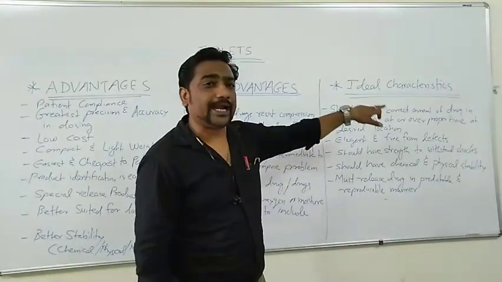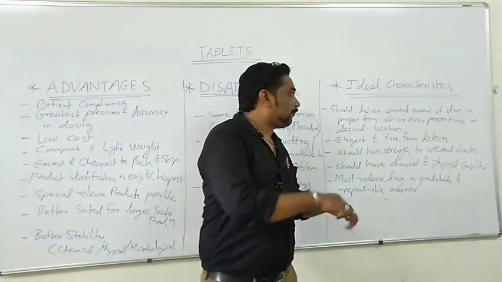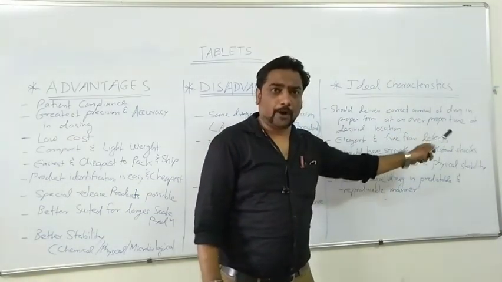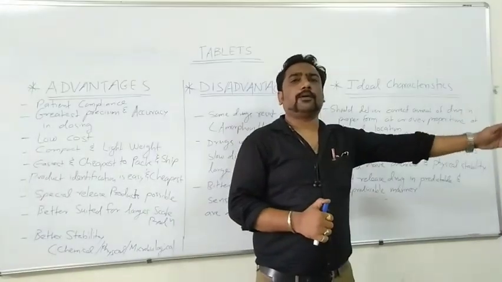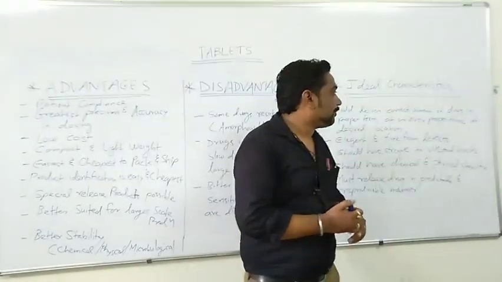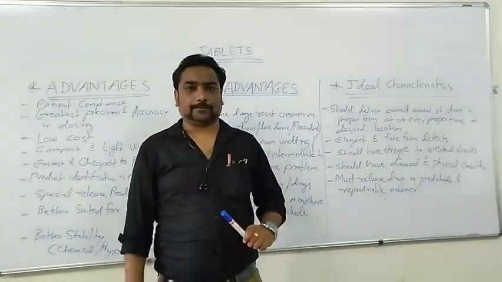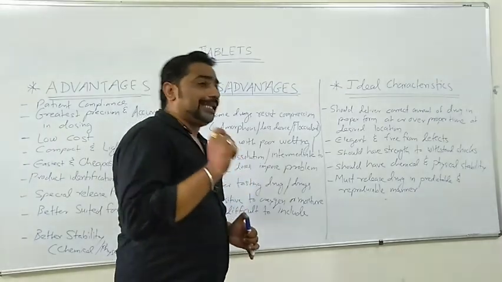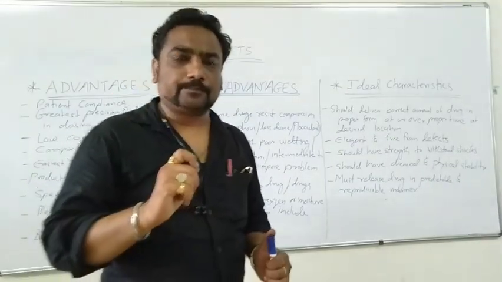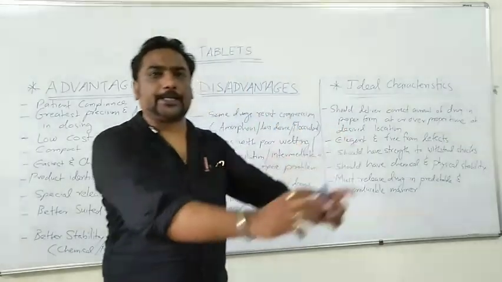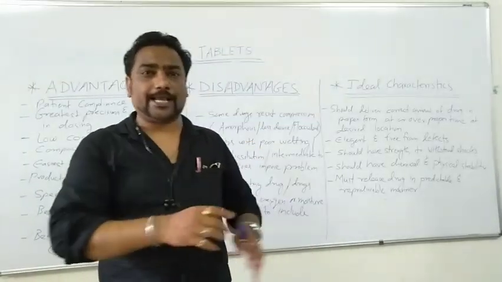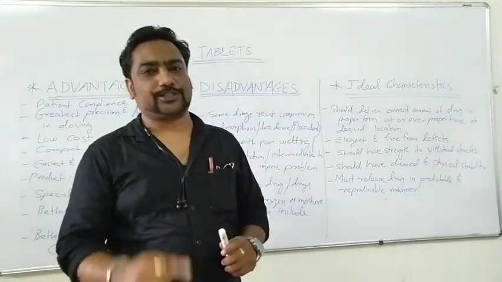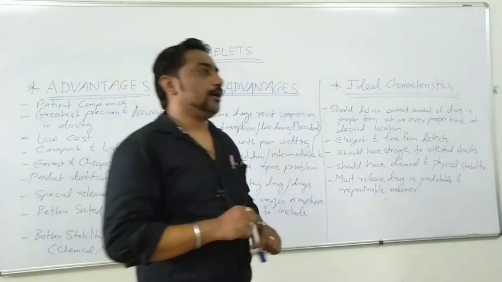It should deliver the correct amount of drug in proper form at a proper time, or over a period of time which is intended, at the desired location. This is the first ideal characteristic of tablets.